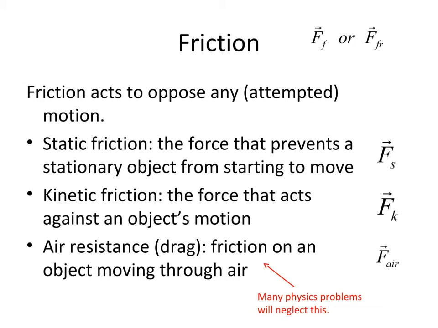Quite often in physics problems we'll ignore air resistance just for simplicity's sake. However, engineers and scientists often have to consider air resistance because in the real world it can be a major factor on the motion of objects, particularly automobiles, as an example.